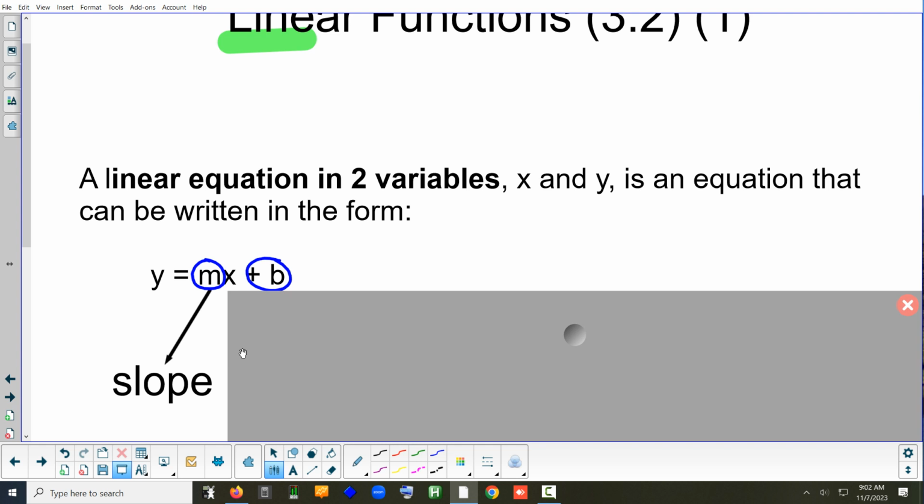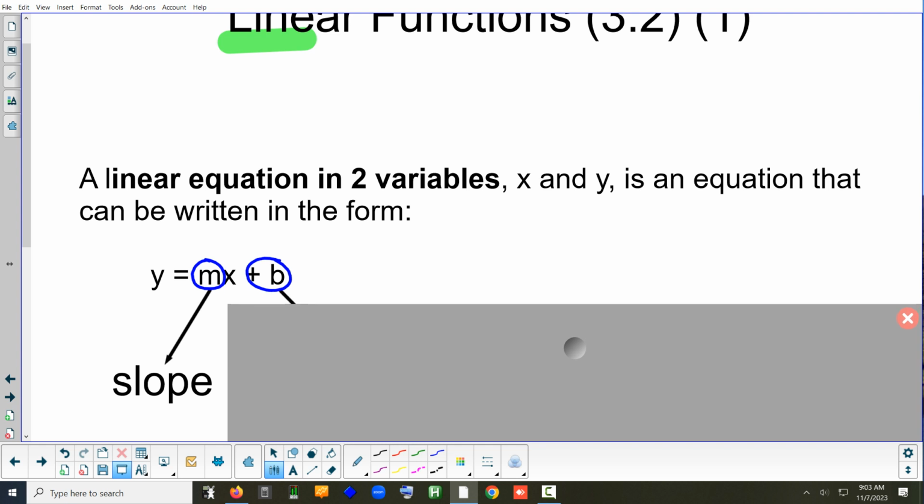Anybody know what the B is? The Y. The Y what? Try to solve for y. Intercept. What does that mean? Can somebody give me like a simpler word? What does y-intercept mean? Where the line meets the Y, or no, the X. Yeah, the Y line.